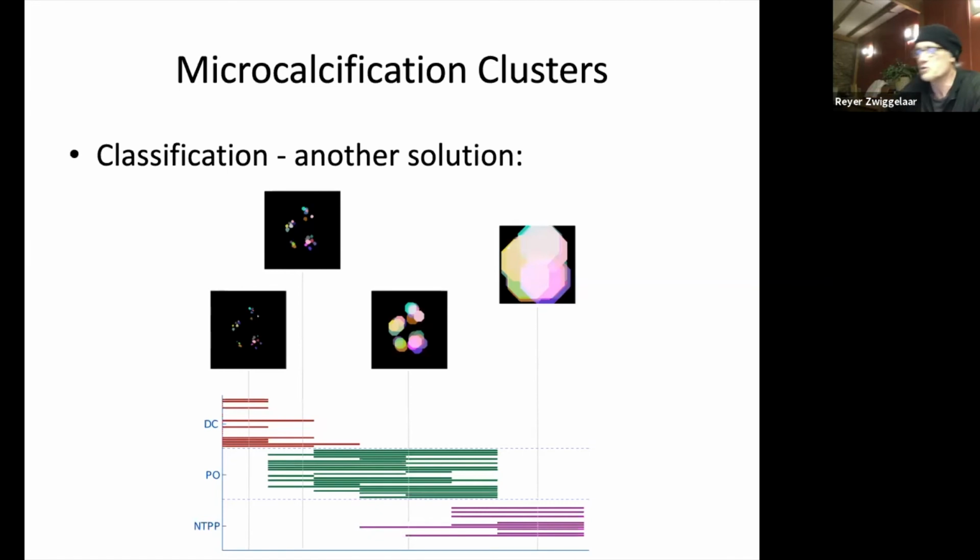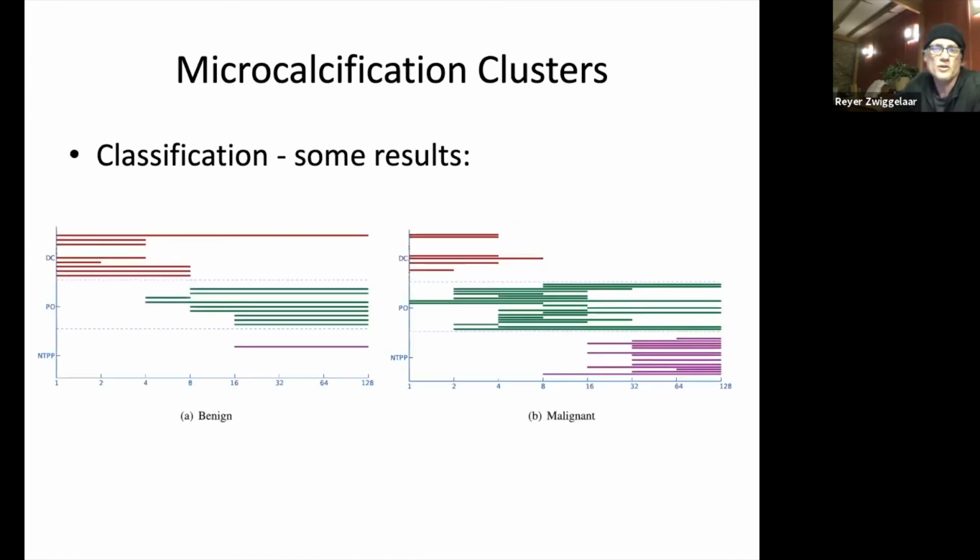In detail, hopefully you can see slightly different appearances between the benign and the malignant case, where some things happen over different scales for the malignant that don't happen on that scale for the benign. That's exactly the information used in classifying these cases.